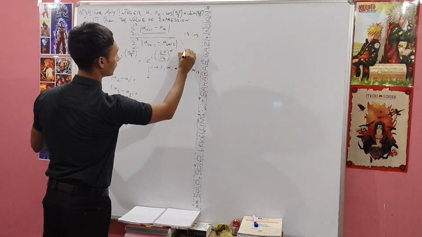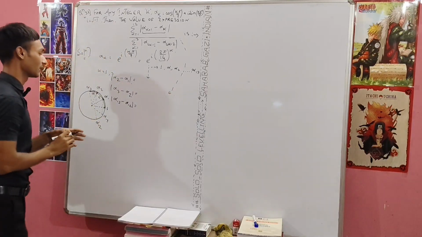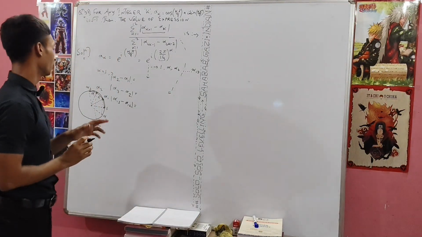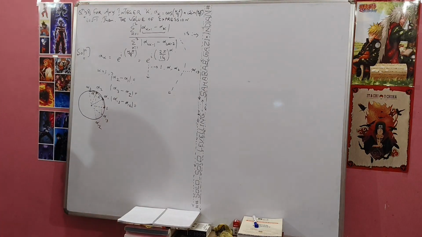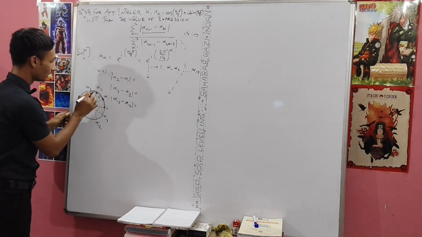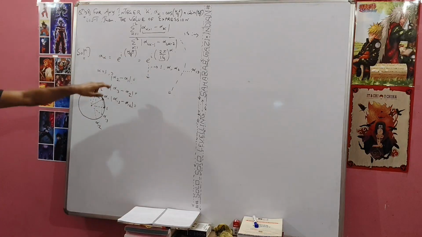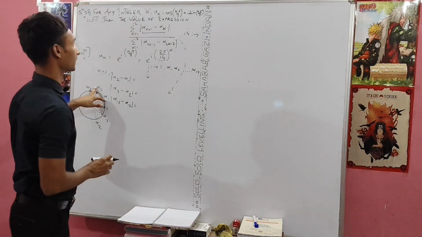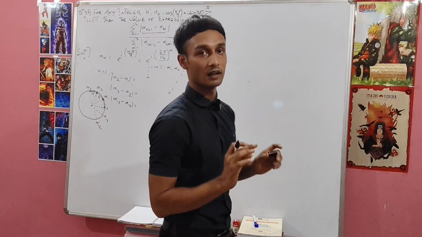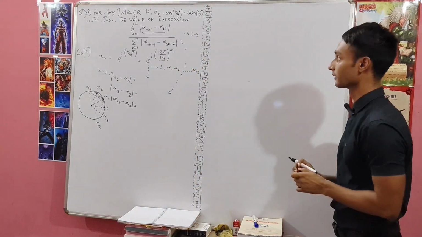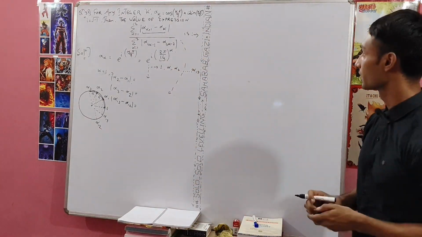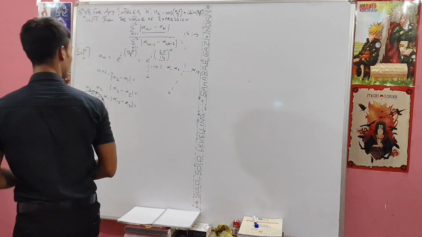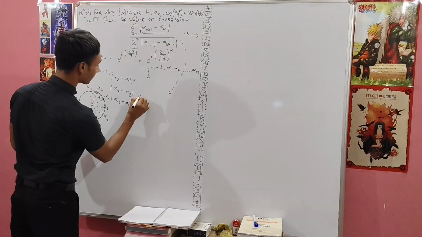I think it is clear why alpha k plus 1 minus alpha k is equal to a. It's a because the distance between two vertices here is always the same. So alpha 4 minus alpha 3 will also be the same, so all these values are the same.